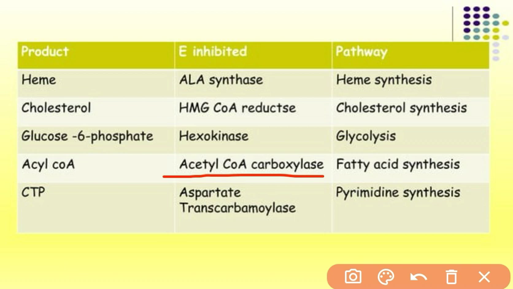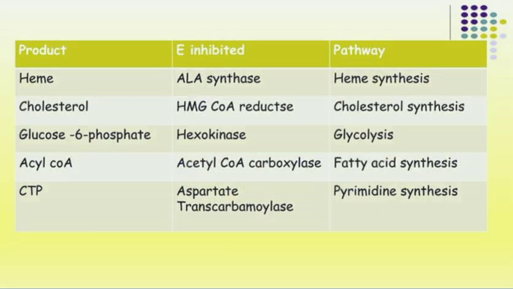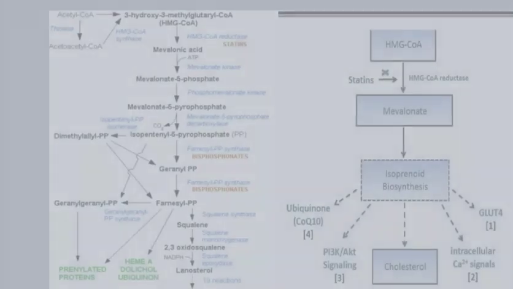Cytidine triphosphate, that is CTP, is an allosteric and end product inhibitor of ATCase. It is a final product in pyrimidine synthesis and blocks the activity of aspartate transcarbamylase. So these are some examples of end product inhibitors.